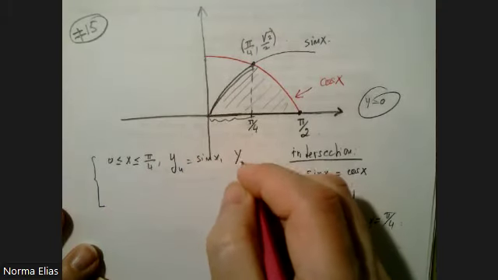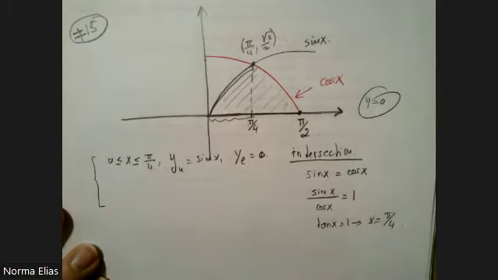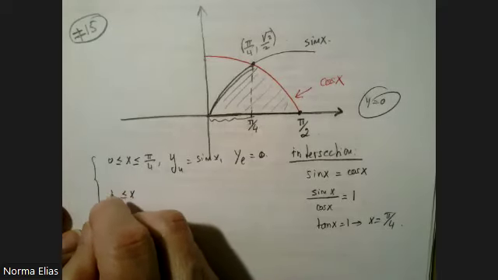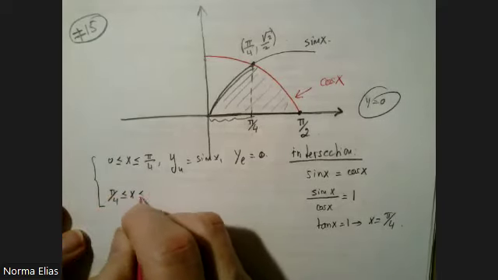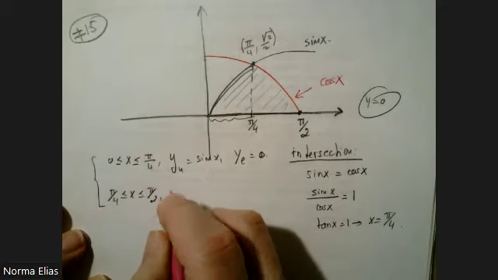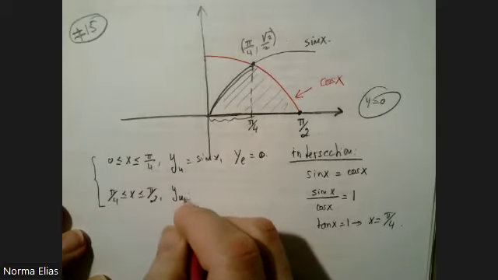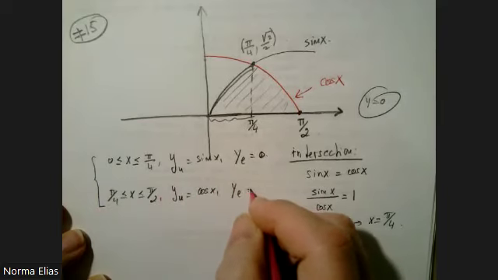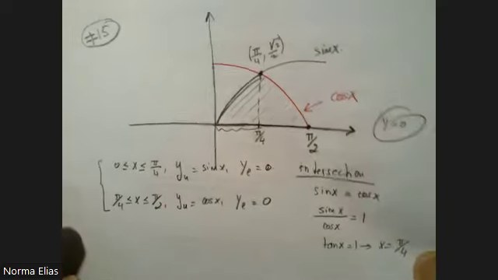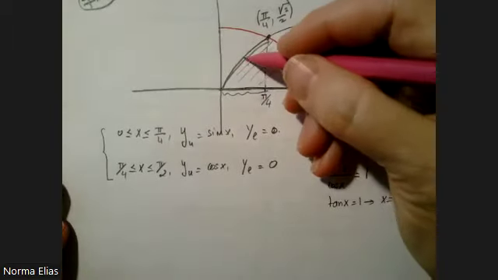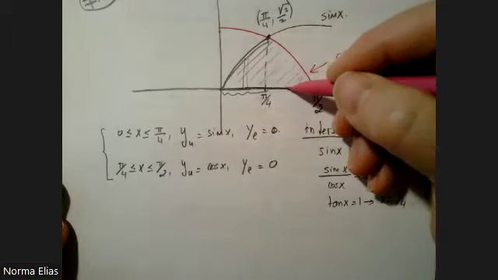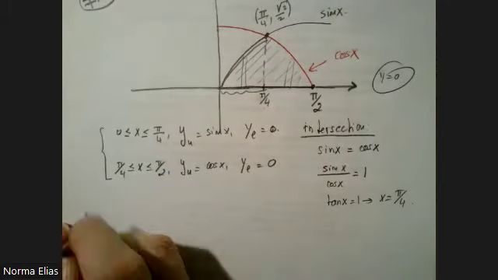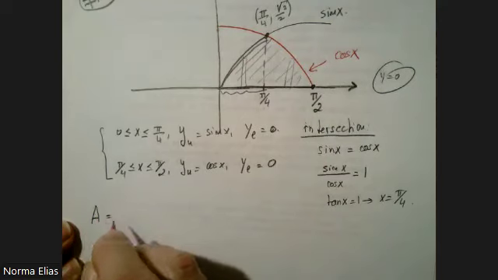The lower curve is obviously 0. And between pi over 4 and pi over 2, the upper curve is the cosine function, and the lower curve is 0. So to find the area, of course, we don't have the same formula for the rectangles, so the problem really is changing.